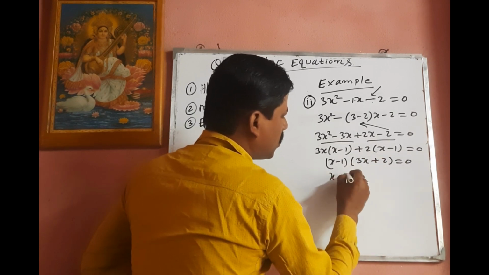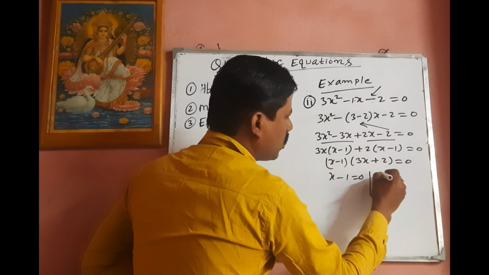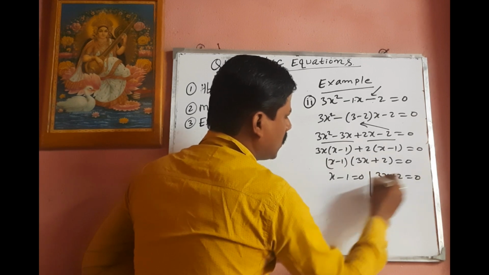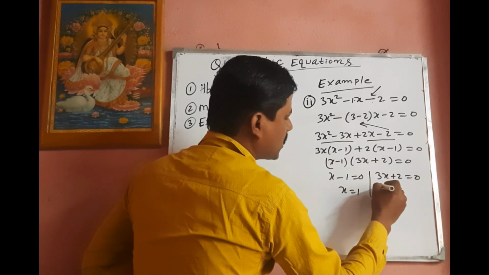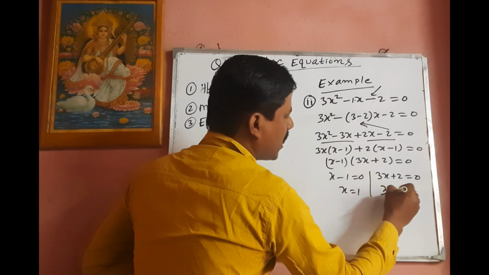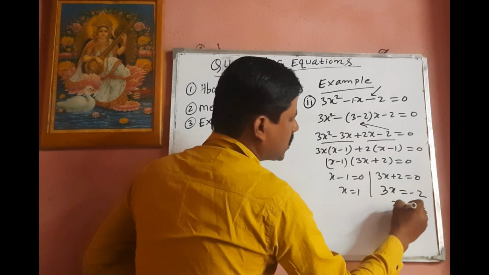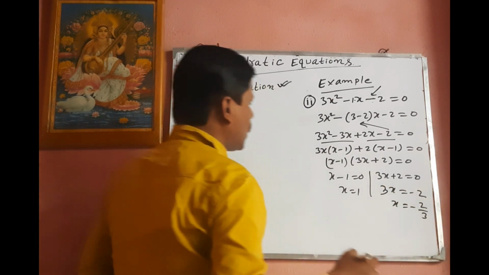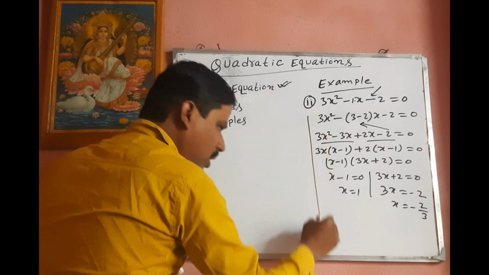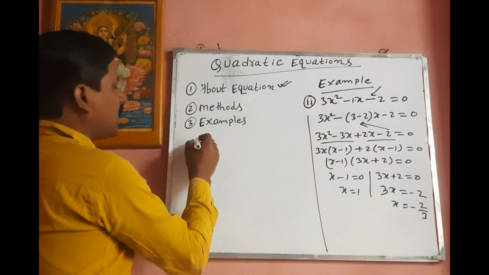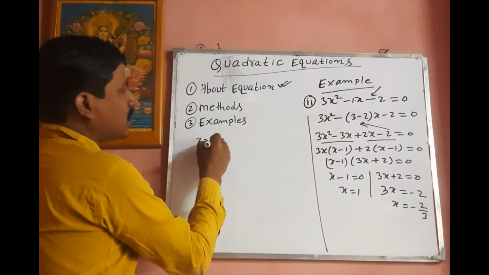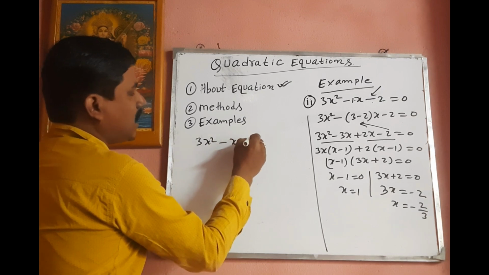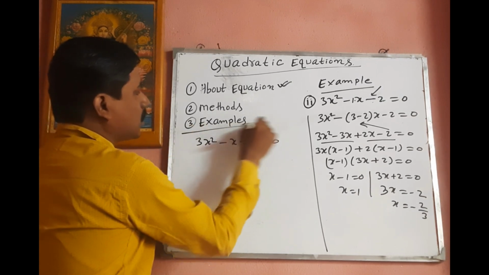Either this will be 0 or this will be 0. Then x is equal to 1 and 3x is equal to minus 2, so x is equal to minus 2 by 3. And when we use the formula, we have 3x square minus x minus 2 is equal to 0.